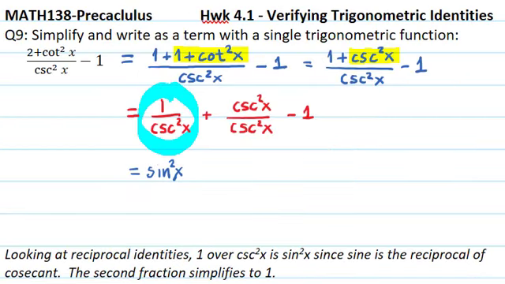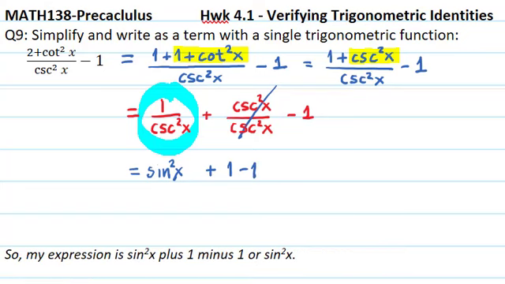The second fraction simplifies to 1. So my expression is sine squared plus 1 minus 1, or sine squared of x, which is one term with a single trigonometric function.